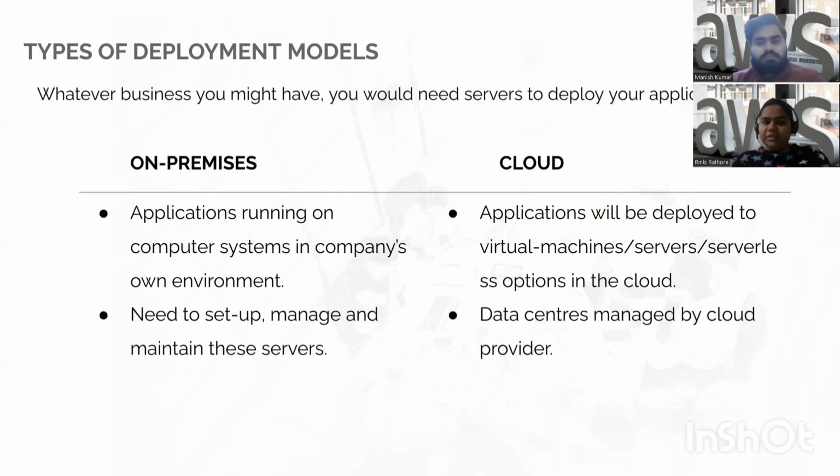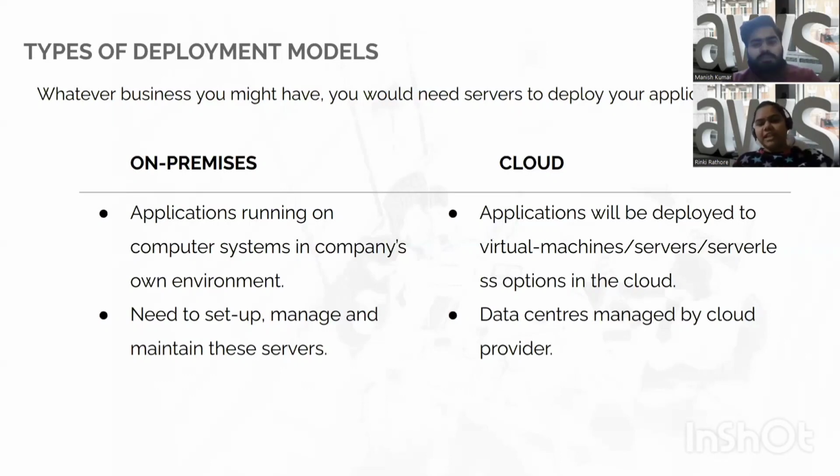But in today's world, we do not do that. We actually use another option, that is cloud. So what do we do? We actually rent those servers. That is, we deploy our applications on servers which are available virtually to us with the help of cloud.